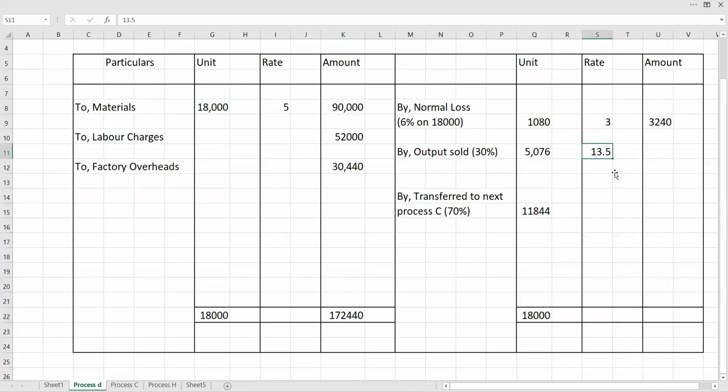So the rate is given. हा रेट जो आहे हा आपण रेट कॉलम मध्ये रेकॉर्ड करून घेतलाय and next we have to calculate the amount. So it's very simple. Units multiplied by rate, you will get the amount: 5,076 rupees into rate 13.50 and the answer is 68,526.